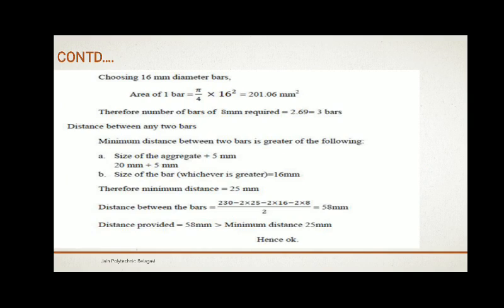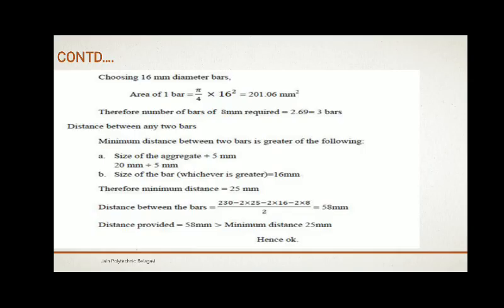So area of one bar is equal to 201.06 mm². Therefore, number of bars of 16 mm diameter is equal to 2.69, so totally we are getting 3 bars. Now the minimum distance between any two bars is the greater of the following.